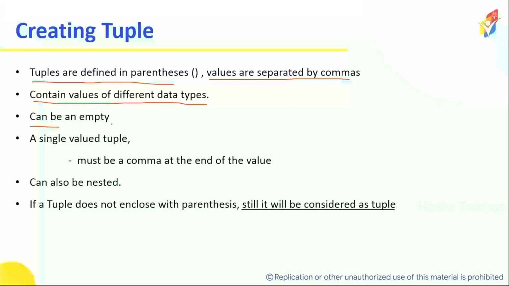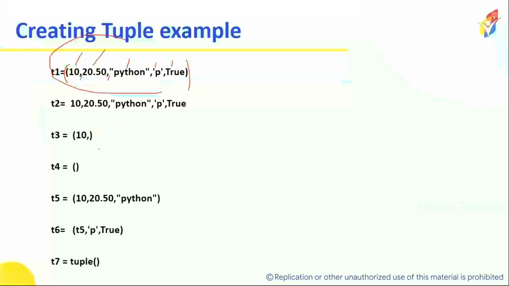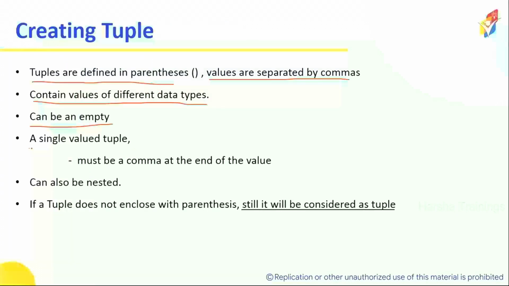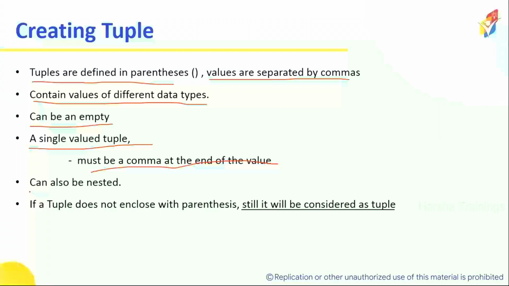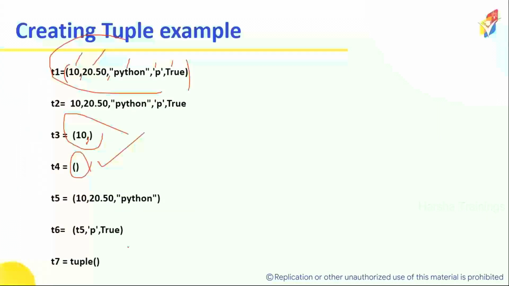Now, tuples can be empty. Look at here. A tuple can be empty. Then if I have a single value in the tuple, it must be followed by comma. It is a mandatory rule. Then tuples can also be nested, that means one tuple can be nested within another.